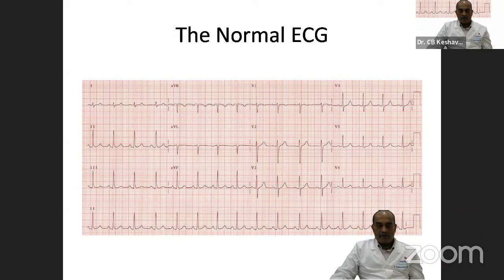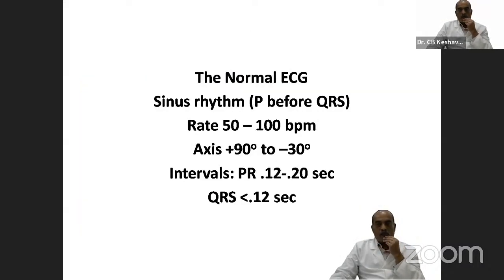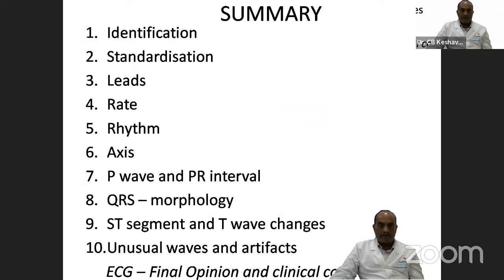Each P wave, after a certain time interval of say 0.12 seconds, is followed by a normal looking QRS, normal looking ST segment, and a normal looking T wave, which is not inverted, it's upright. So when you see things like this, clearly things are normal. And the axis is also normal. So normal ECG: sinus rhythm, rate 50 to 100, axis minus 30 to plus 90. Intervals: PR interval, as we discussed, 0.12 to 0.20, QRS less than 0.12 seconds.